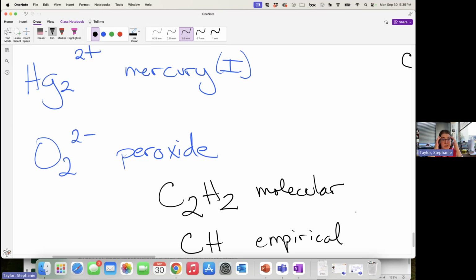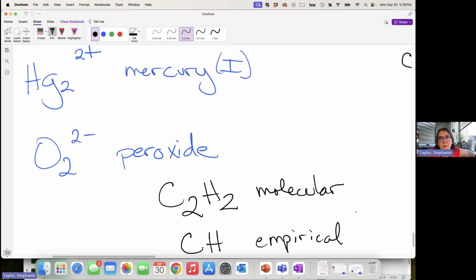And we usually need that information. So if we're asking you for the empirical formula, you're just going to go ahead and give us the lowest one and do the division, because we're asking you essentially about the definition of empirical versus molecular.